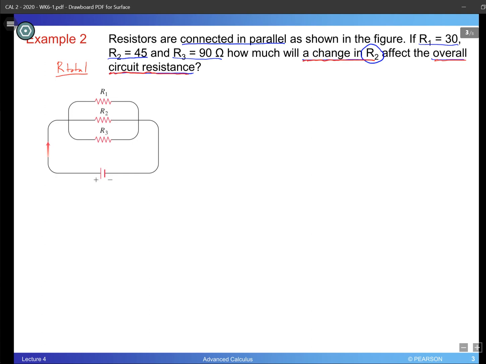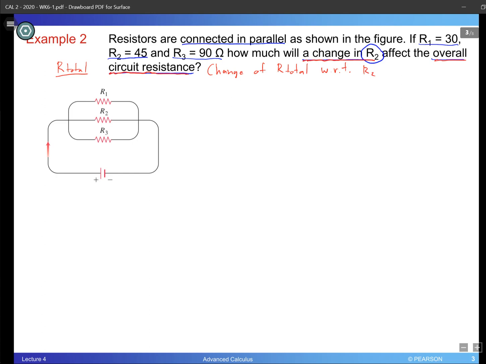So we can translate this into this new one. They want to know the change of R total, the total resistance, with respect to, of course, in this case, it has to be R2 because that's what we are interested in. In the end, they just want to know how much R total is going to change when R2 changes.